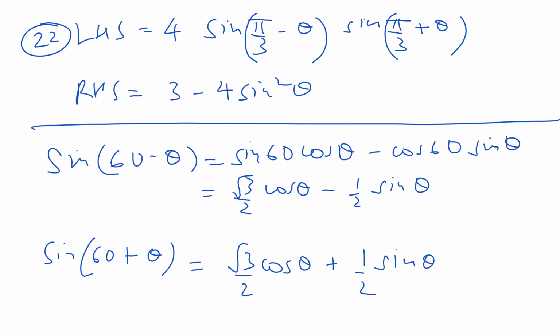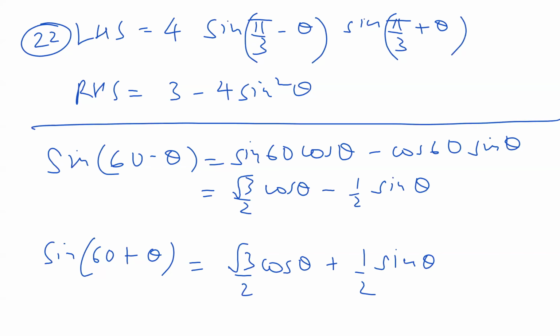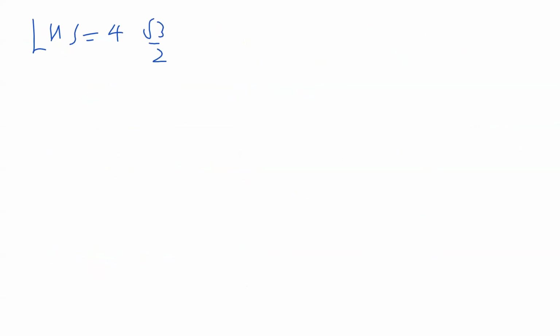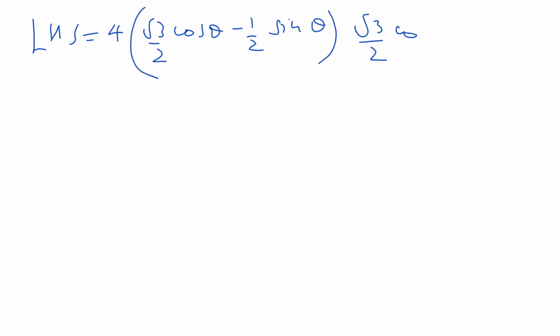I'll start with LHS: 4 into the first value that we got, root 3 by 2 cos theta minus 1 by 2 sin theta. And the other value is root 3 by 2 cos theta plus 1 by 2 sin theta.